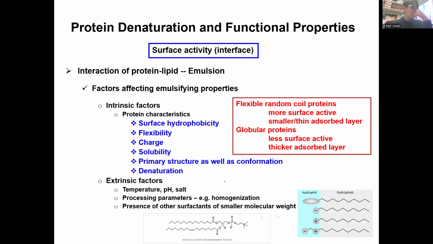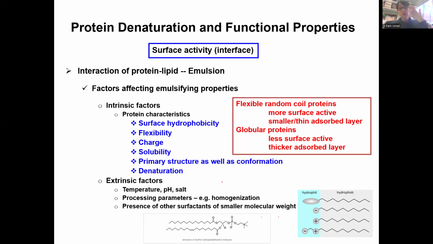Extrinsic characteristics, again, temperature, we need to induce some denaturation sometimes. pH and salt impact the charge on the surface of the protein. So you want to find not excessive charge, they won't interact, they won't form film, and not a lot of salt that would shield charges and will cause aggregation, but rather a nice balance between water interaction and protein-protein interactions.